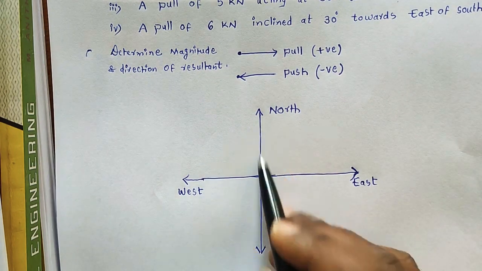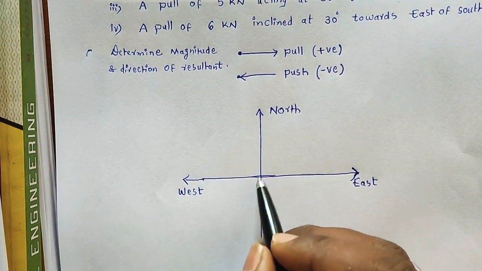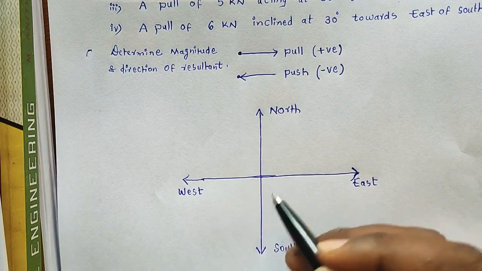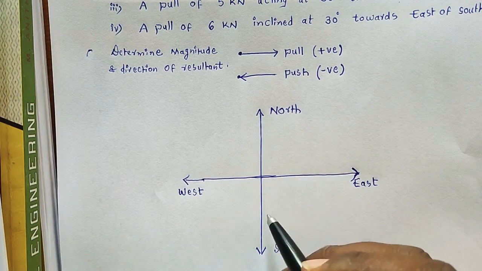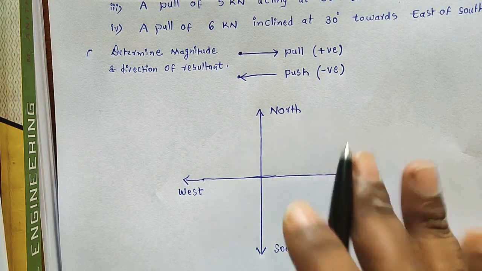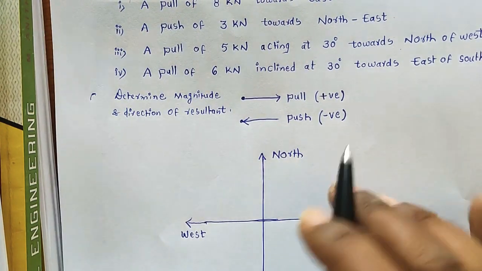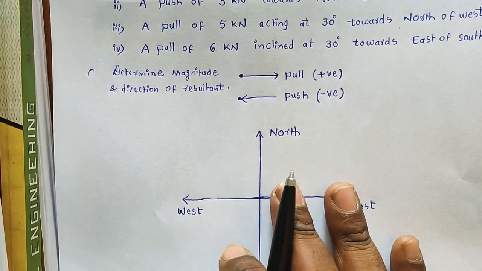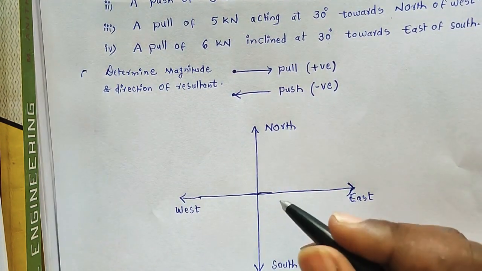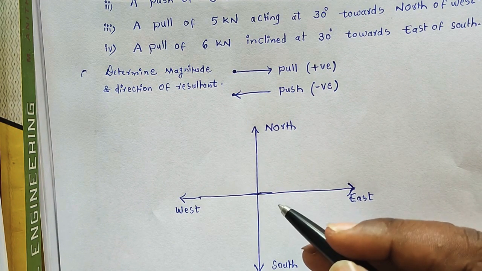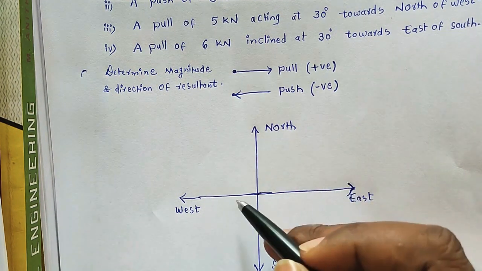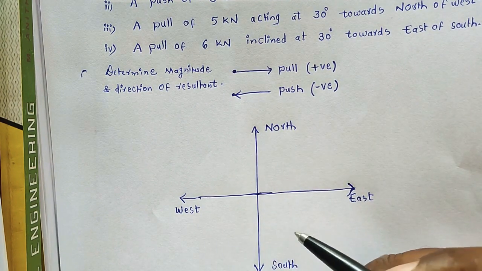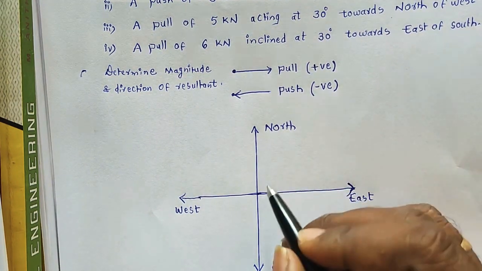The angle between north and east is 90 degrees. The angle between north and west is 90 degrees. West and south is 90 degrees. East and south is 90 degrees. So if any force acts towards northeast or northwest or southwest or southeast, then we can write like this.